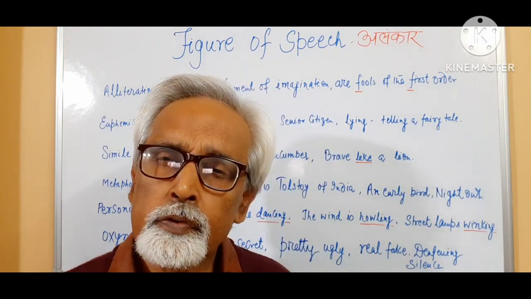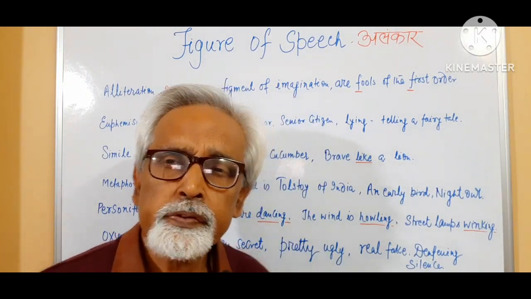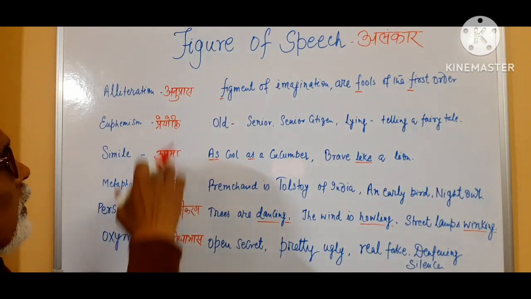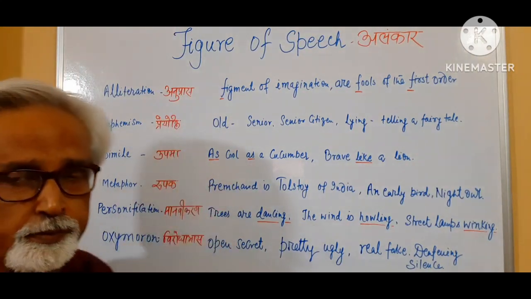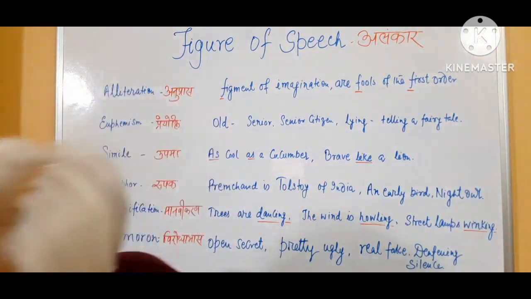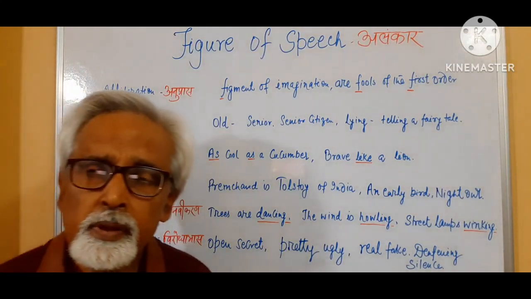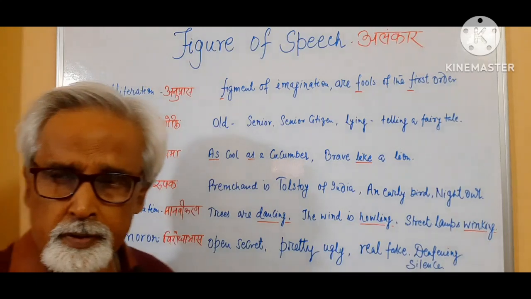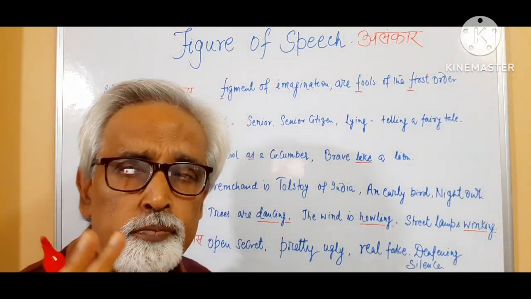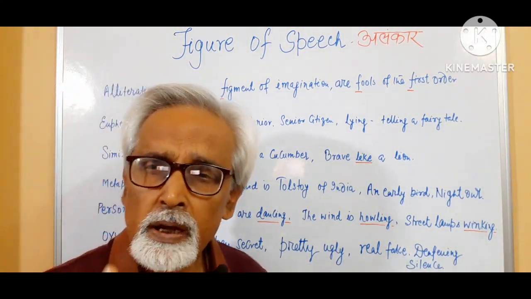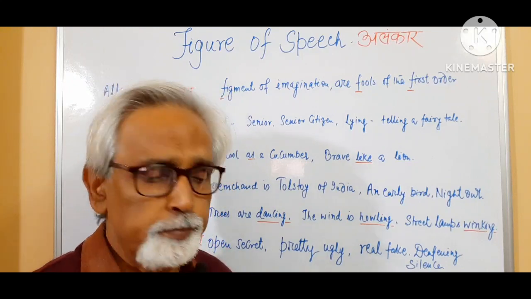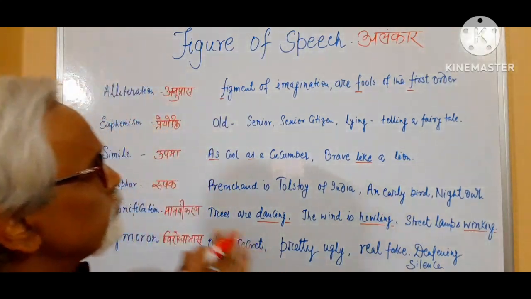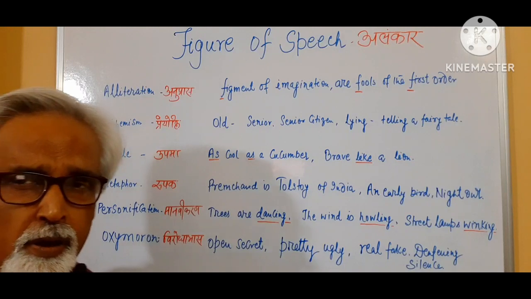So first of all, let us see what alliteration is. Alliteration, as you see, is called anupras alankar, and I have tried to give some real life examples to explain it. Let us first see some sentences.